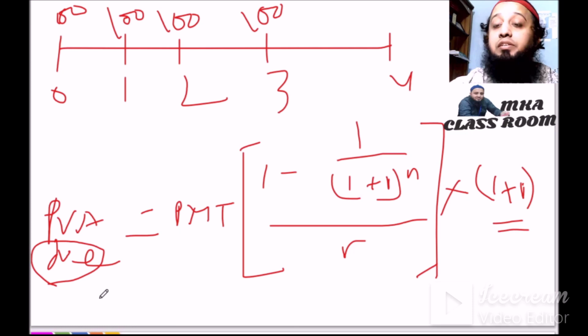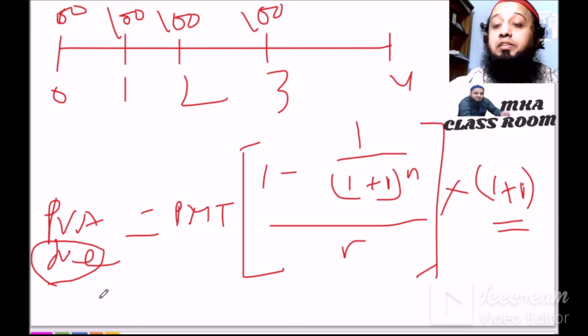Whenever we calculate future value, it takes one period of compounding. If we find present value, it takes one extra period of discounting. Then what will happen to our value into 1.1? The result is 348.68.